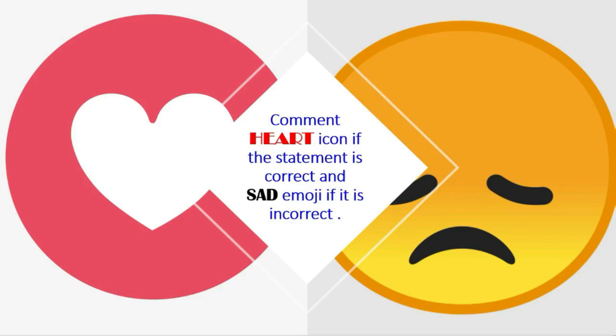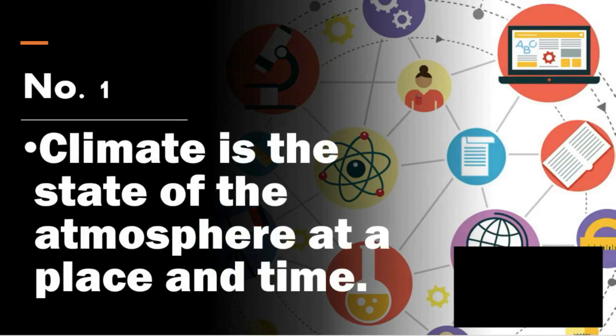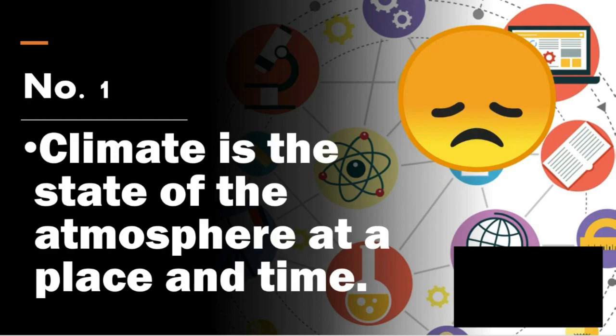You will be given 5 seconds to type your answer in the comment section. The number 1 is: climate is the state of the atmosphere at a place and time. The timer starts now. Time is up. The answer is sad emoji.